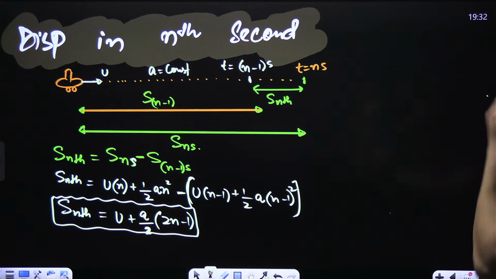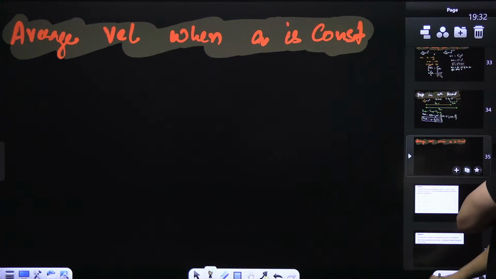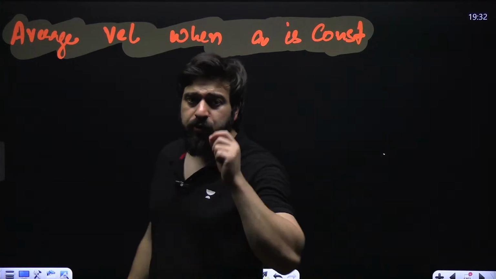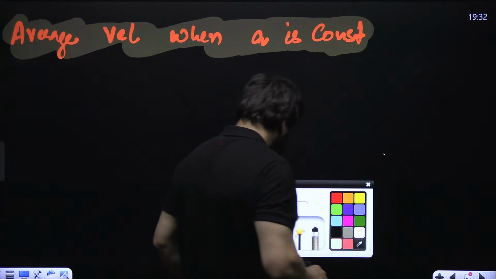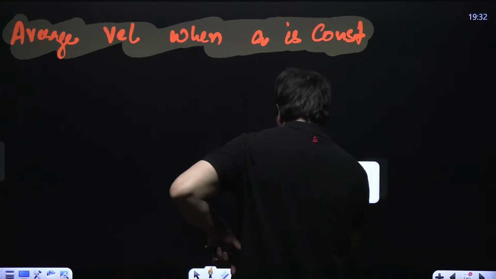So this is basically the displacement in the nth second. Now let's talk about the average velocity when acceleration is constant. Guys, I would want you to focus exactly over here.